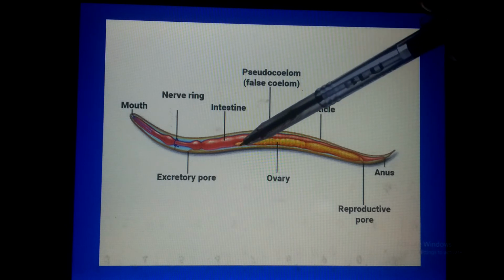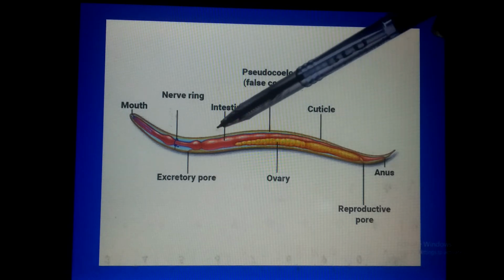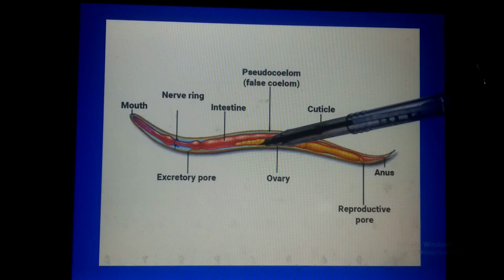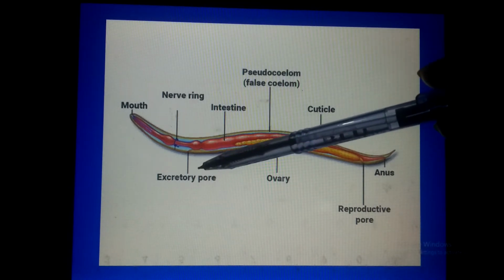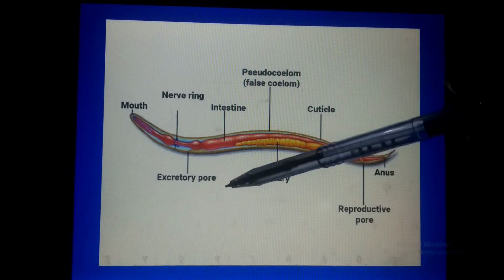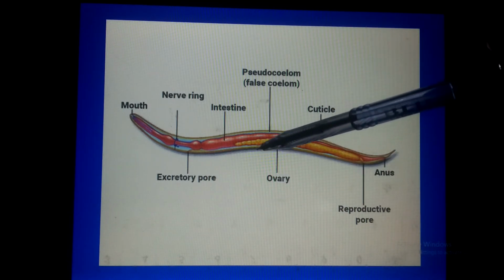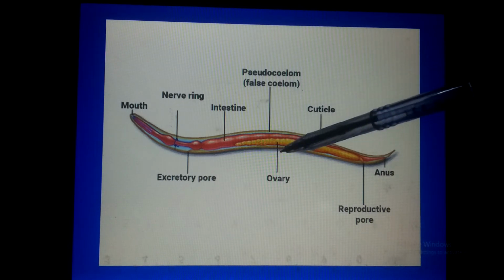And this is the intestine. You can see very beautifully here the clear intestine, nerve rings, and excretory pores, which are protonephridial pores. Is it clear? And pseudocoelom, false coelom, is present here.